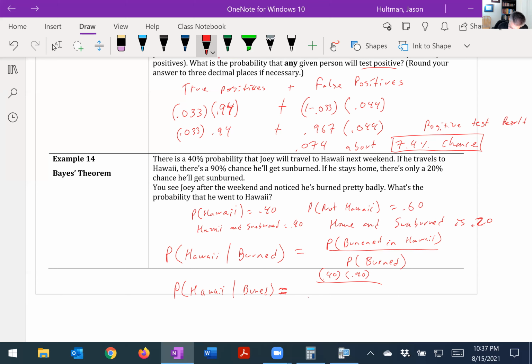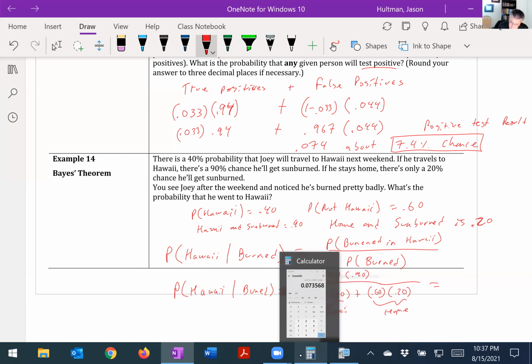And that's the probability of him getting burned in Hawaii plus the probability of him being burned at home, which is a 60% chance times the 20% chance that he would be burned. So this is how we set up the formula: burned in Hawaii over the total burned.